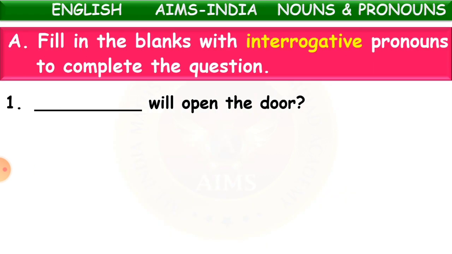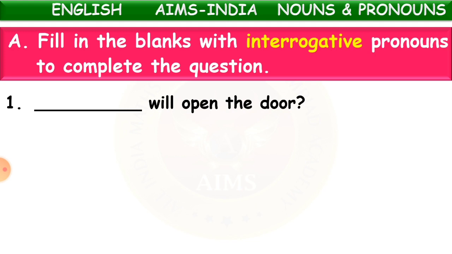And now here we'll do an exercise about interrogative pronouns. Fill in the blanks with interrogative pronouns to complete the question. So what are interrogative pronouns, children? All WH words, not all, five WH question words. What are they?